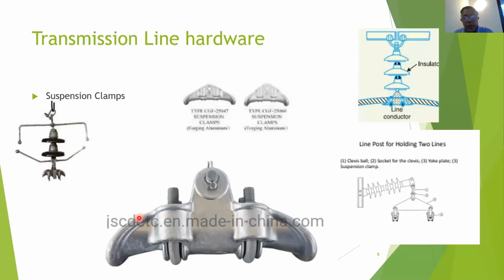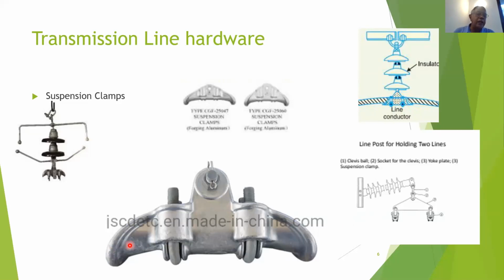When the conductor goes through this, and at the suspension point you have some sort of a rigid point, this tends to vibrate over the suspension clamps where you are holding. And because of the vibration, if you have any sharp edges, the conductor would cut and get damaged. That is why you have a rounded off tongue over here.